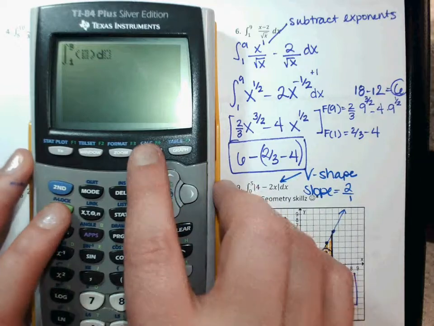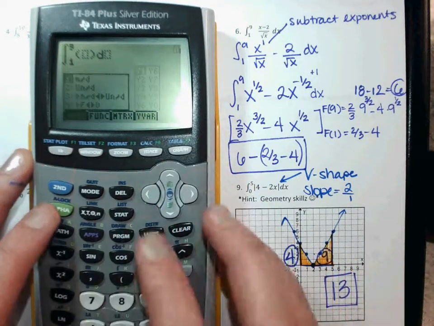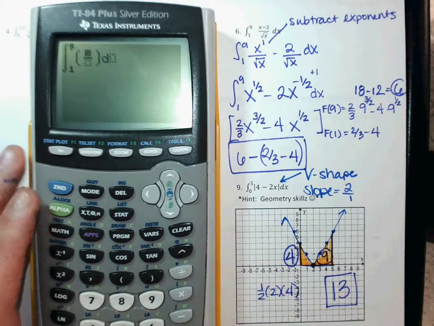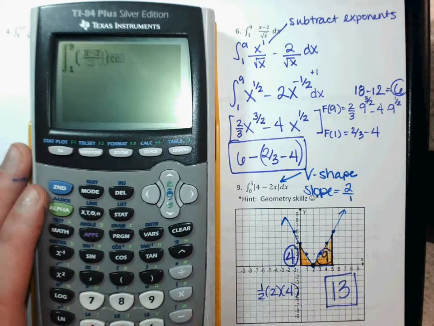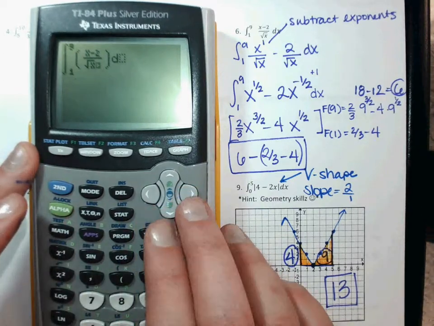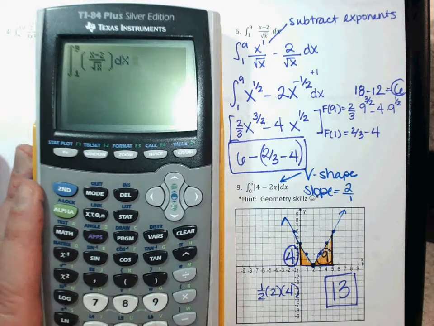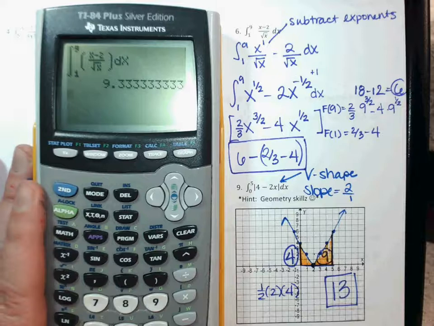I'm putting x minus 2 over square root x. And then go here, it should be a dx. So look at that. I just literally typed in the integral and it'll give you the exact value. Okay, so you can use that to check your work. But that is not a substitute for doing the antiderivative.